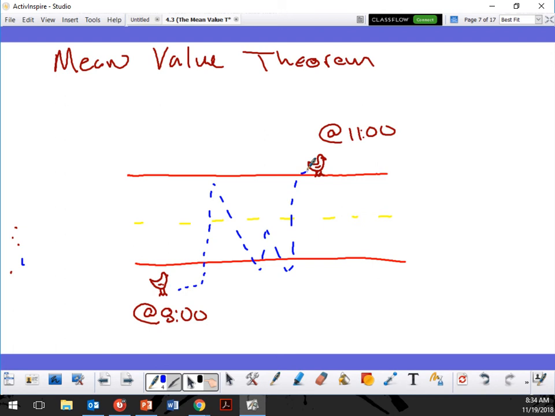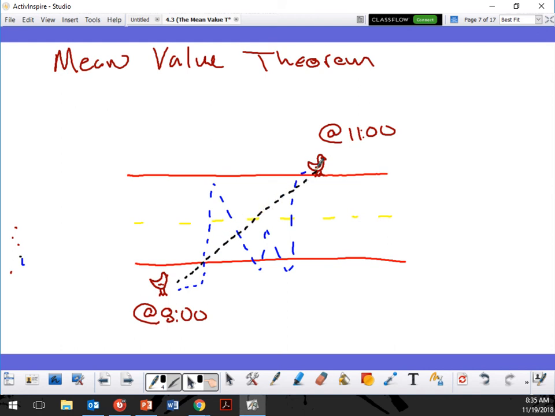But we can prove mathematically that he crossed the road. At some point here, he crossed the road. So the slope somewhere in here is going to be the exact same as him going from there to there.